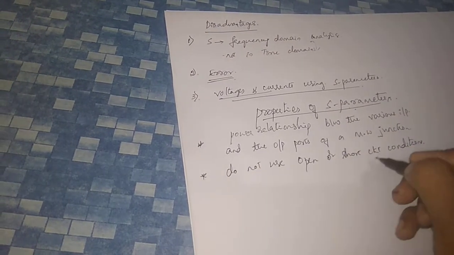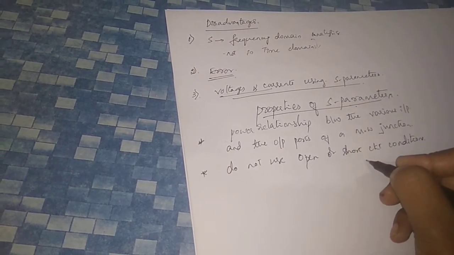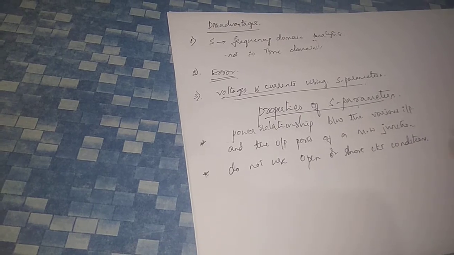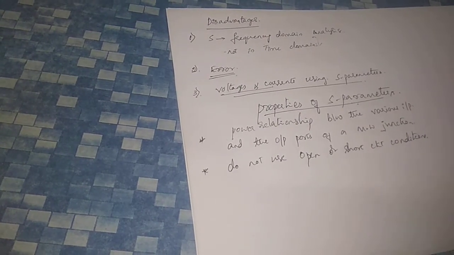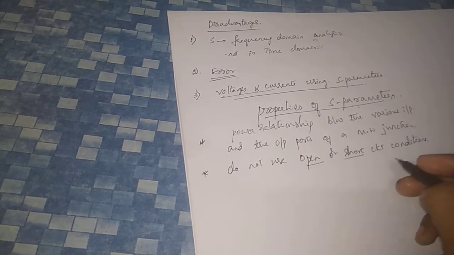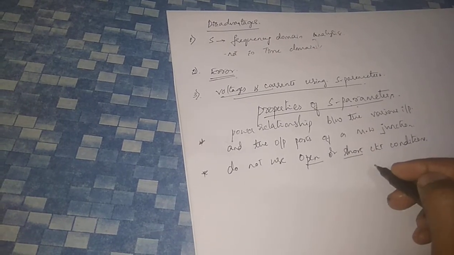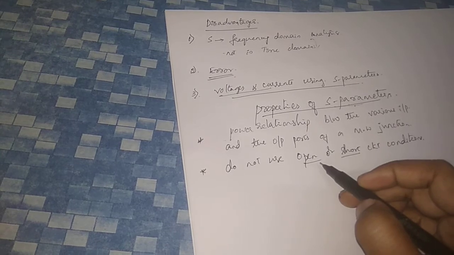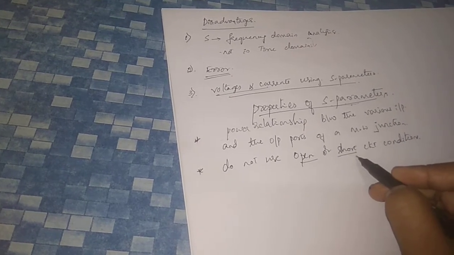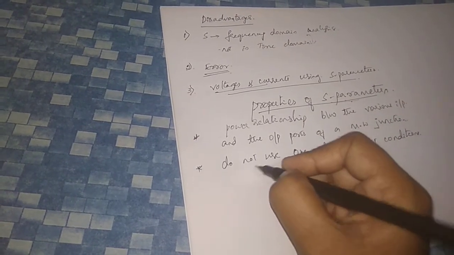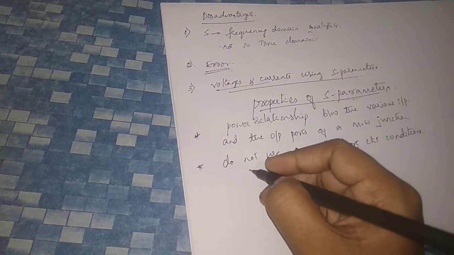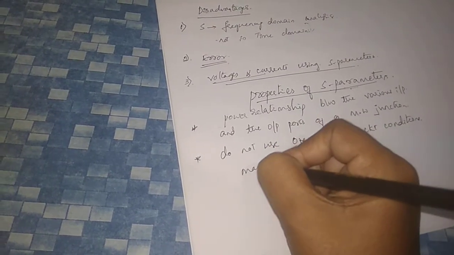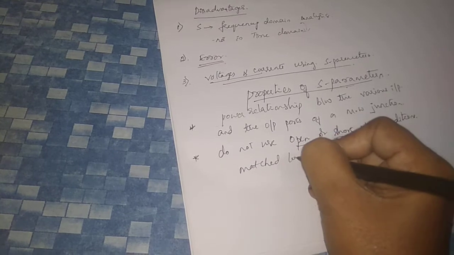So for Z, Y, H and ABCD parameters, we used to consider open or short circuit conditions. But here, wherever you are considering these parameters, open or short circuits will not be used. Instead, we'll be using matched loads.